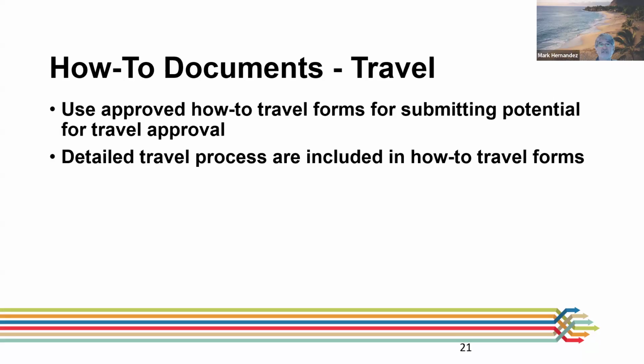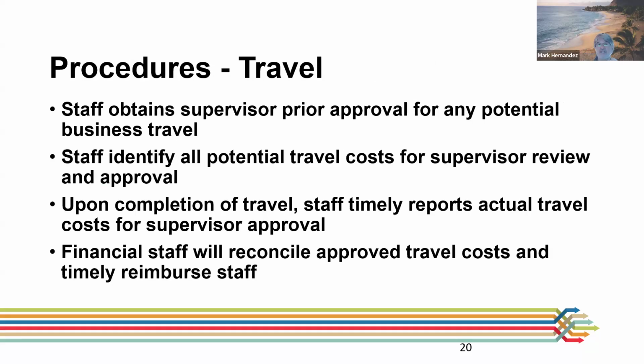Those things are still a cost to the organization and could affect how long it will take to get reimbursed for it. So we use our how-to document to work on those two things more than we do with the procedure. The procedure just documents the whole process and the completing of the process from the beginning to the end.